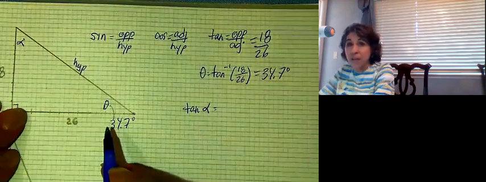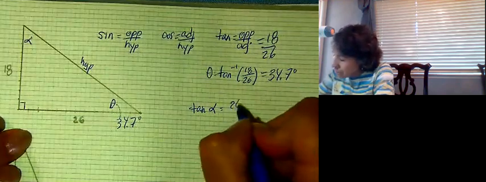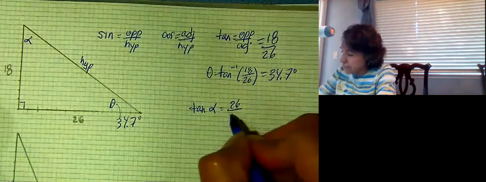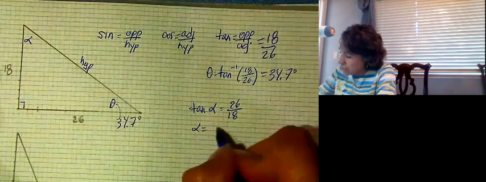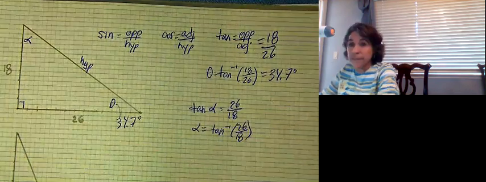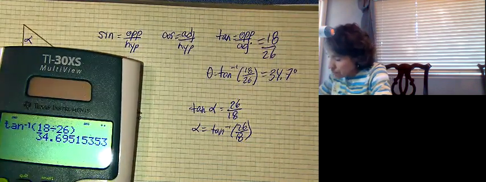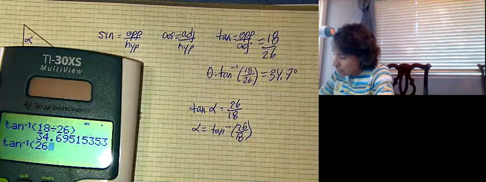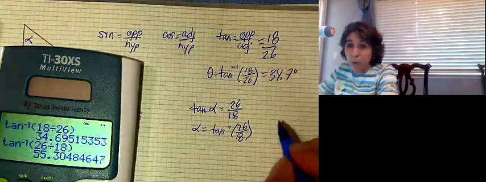Who's opposite to alpha? 26 over 18. All right, so what is that? Alpha is the arctangent of 26 over 18. The arctangent of 26 divided by 18, and I get 55.3.